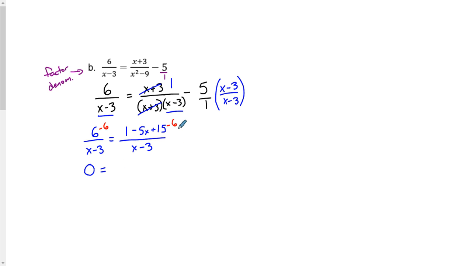The last bit is to combine our like terms. There's no other x's, so it's a negative 5x. 1 add 15 is 16, and then subtracting 6 would be 10. Like always, when we get to here, now we're going to factor the numerator. You can factor a negative 5 out.